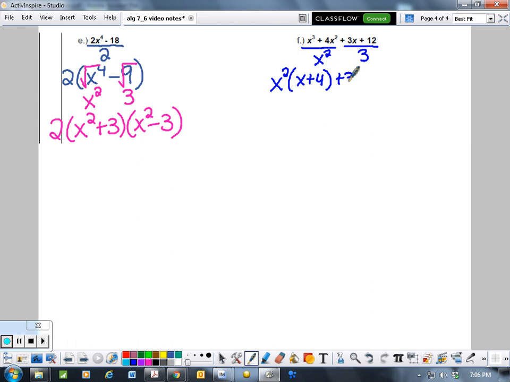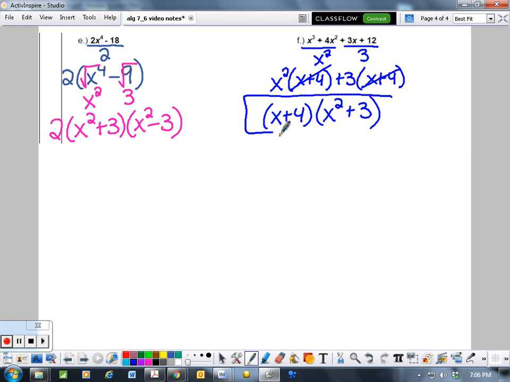And then we have a plus 3. And then when I divide, I get x plus 4. Nice. Since those match, I'm going to factor that out. X plus 4, which leaves me with x squared plus 3. And that's our final answer. And so here was our final answer here. And so that's it for today.